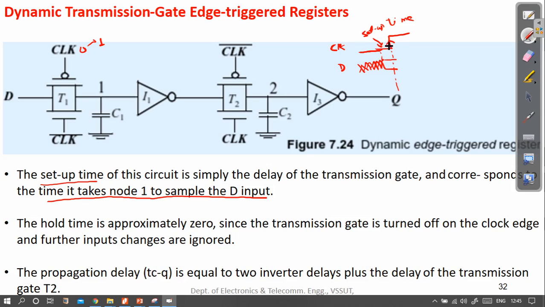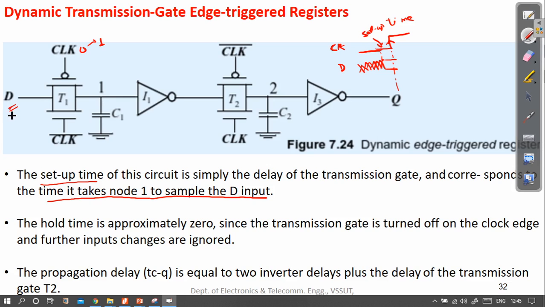So just before this rising edge, the stable data should be available, and the input to this circuit is this D. The input should be available just before the rising edge of the clock.